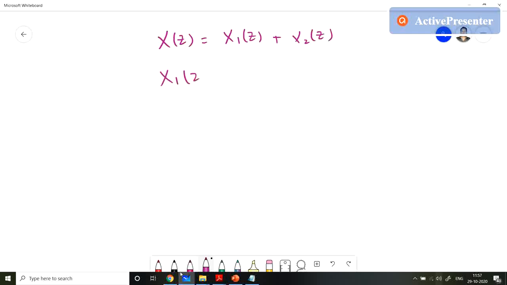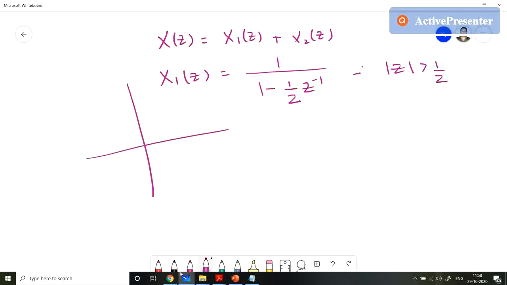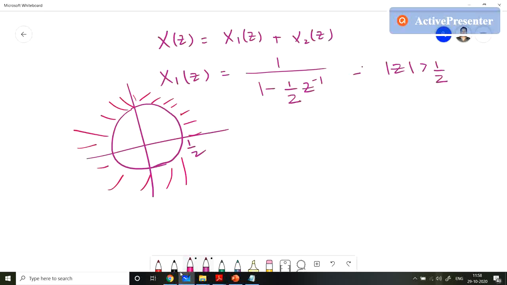Now what is X1(z)? X1(z) is 1 divided by 1 minus 1/2 z inverse, and the ROC is modulus of z greater than 1/2. So there is a circle of radius 1/2, and the ROC is modulus of z greater than 1/2, like this.